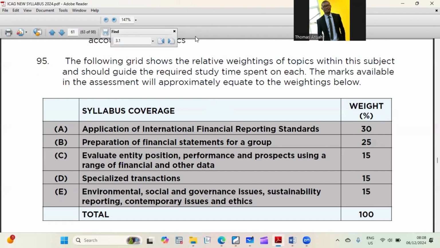But unfortunately, most of the students still approach level 3 with the mindset of level 2. You think you are going to calculate this, calculate that. Of course, some of them demand that you calculate.